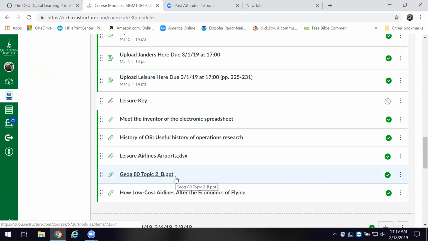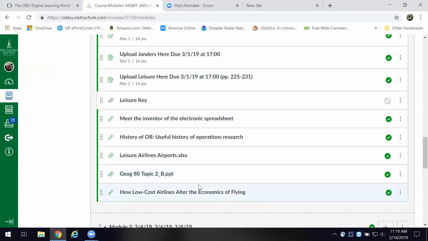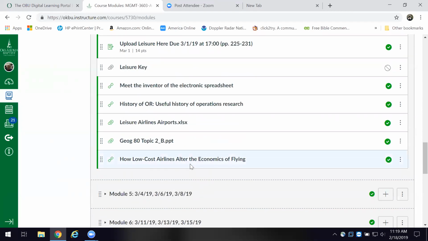Now, that being said, here's a nice little resource that walks us through the economics of flying commercial airlines. We've just had the guy that founded Southwest Airlines, Herb Kelleher, just die.